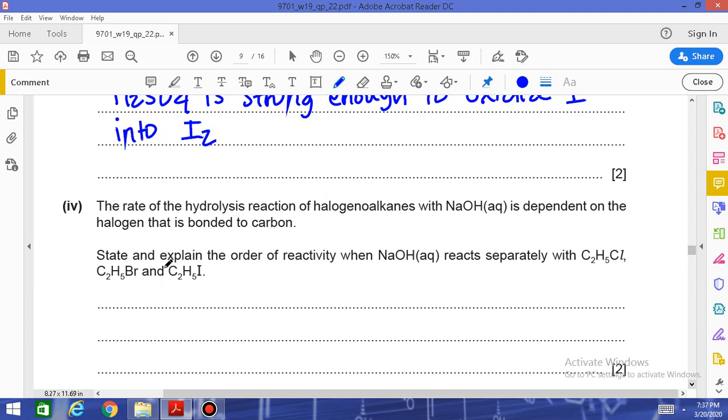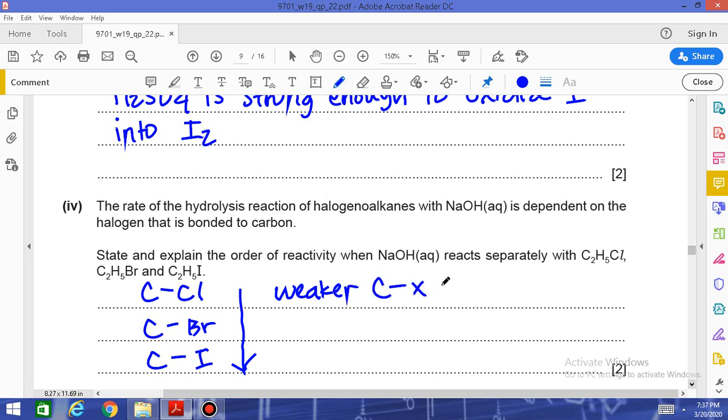So to answer this question, we have to refer to the bond between carbon and halogen. As we go down the group, the strength of the bond becomes weaker, so a weaker bond between carbon and halogen.